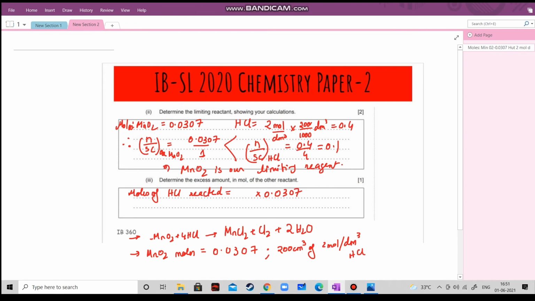It won't be 1 by 4, it would be 4 times, because it's HCl and MnO2. So 4 times 0.0307 would be 0.1228. So moles of HCl in excess would be total moles minus the amount that has been reacted. So our final answer comes out to be 0.2772 moles. You can round it off to 0.277 also, not an issue.